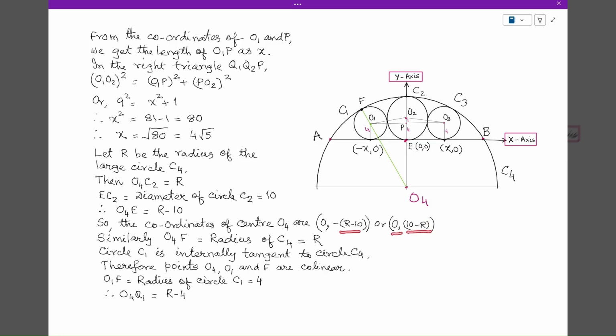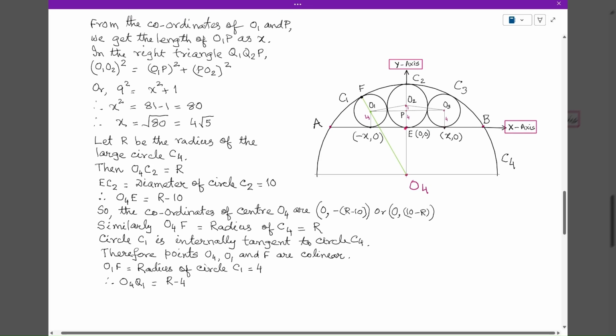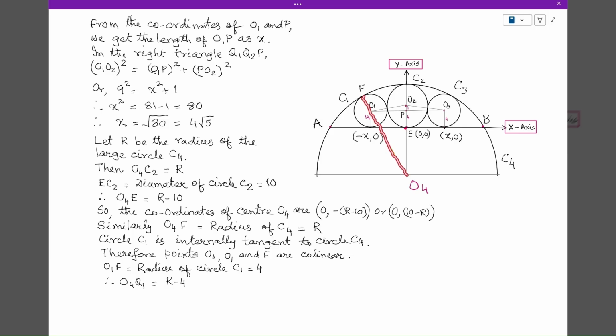The x-coordinate is 0 obviously, and the y-coordinate is 10 minus R, which we just now saw. Similarly, O4F, that is from here to here, is also the radius of the big circle C4, and that is R.